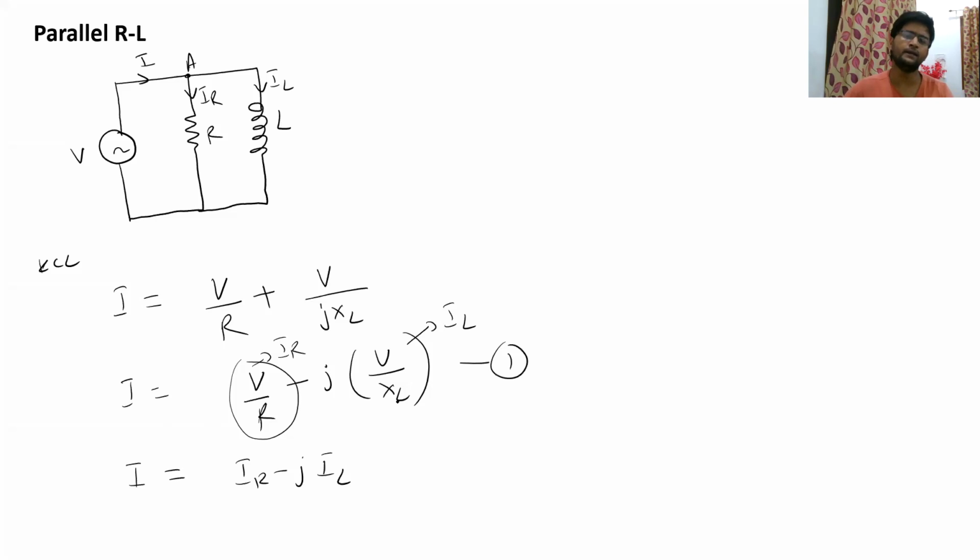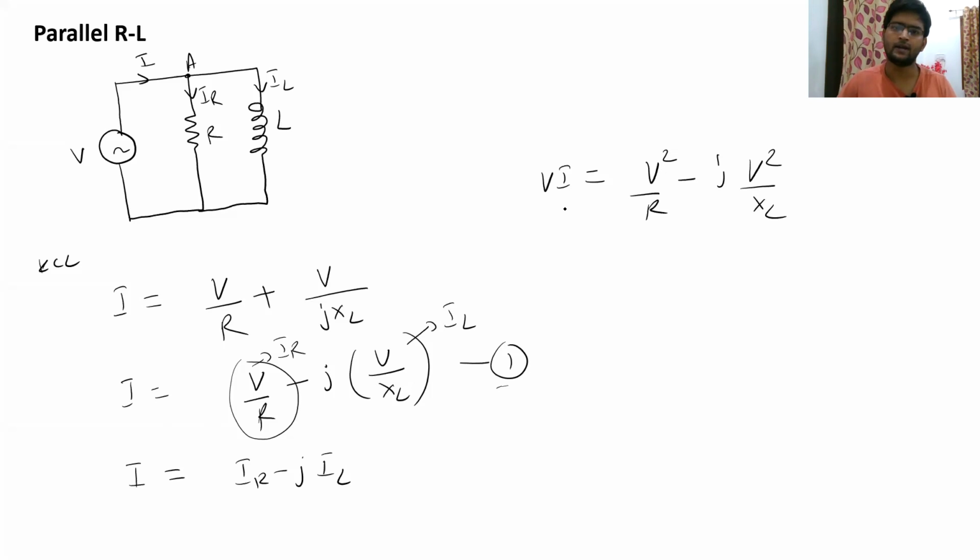Now if we multiply V on both sides of equation 1, we get VI is equal to V square upon R minus j V square upon XL. So this is nothing but the equation for power, and this VI can be called the apparent power S. This is the active power P minus j times our reactive power QL.